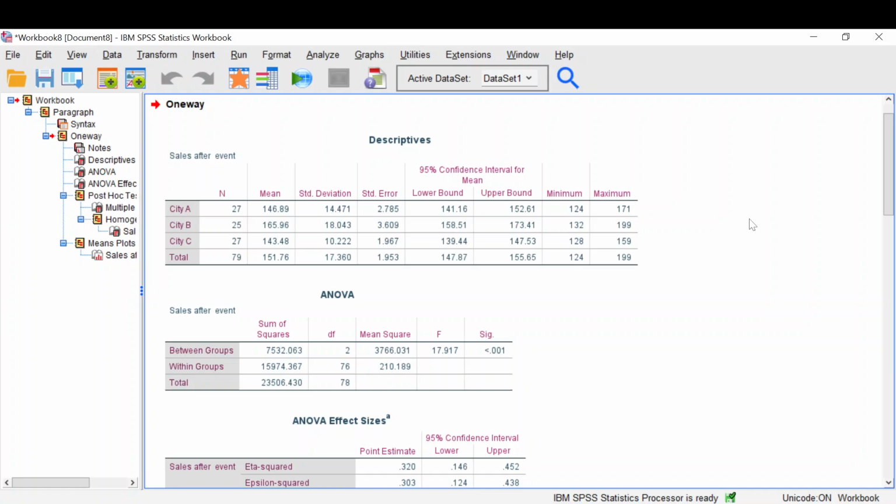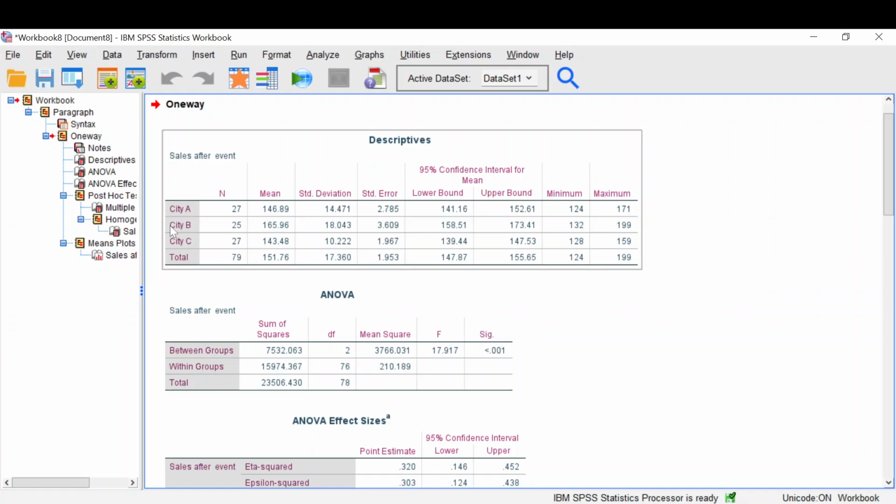So here's our result. This is exciting because you can see that we have the size, the number of observations, for each of our cities. City A had 27, City B had 25, and City C had 27 observations. It shows the means across the three as well.